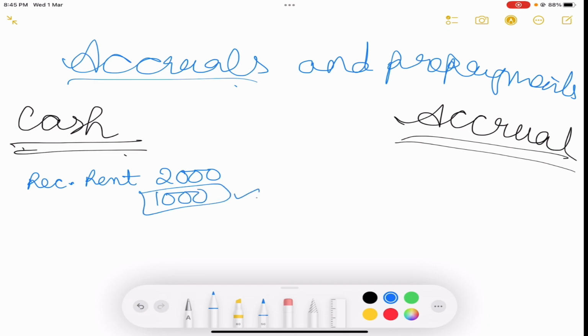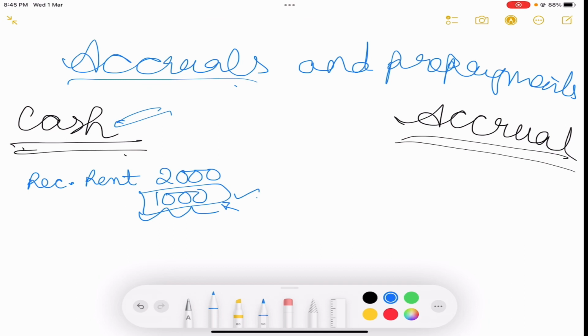Which means someone gave me an advance of 1000. According to cash basis, I will record it in my books. Why? Because I have received the cash, even though only 1000 belongs to this year, the rest 1000 belongs to next year, but I have still received the cash. So I will make a note according to the cash basis. As and when I receive the cash, I record it no matter which year it belongs to.